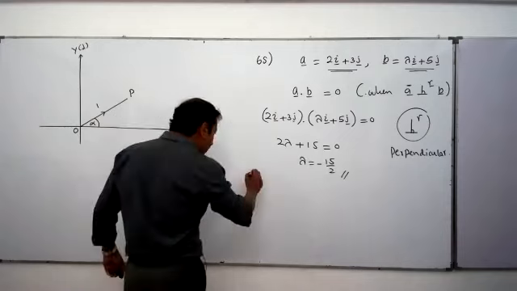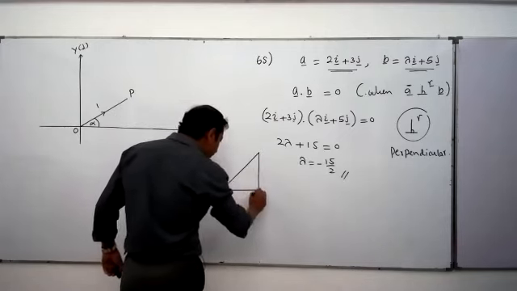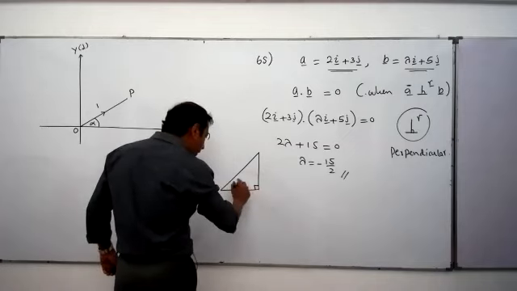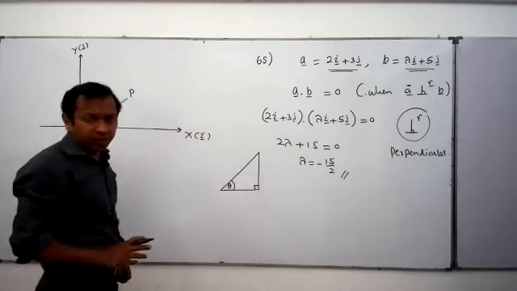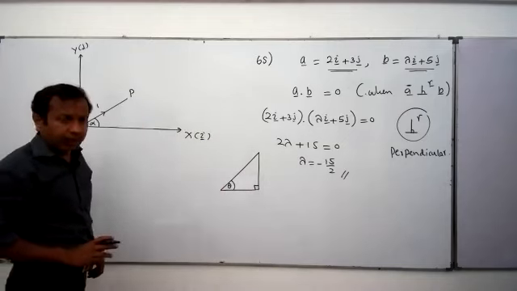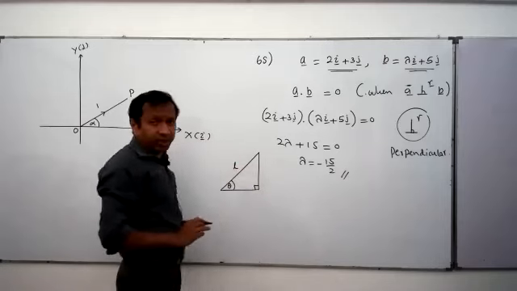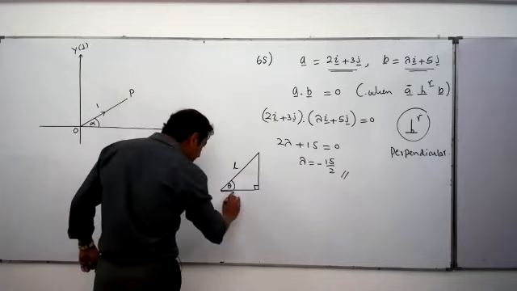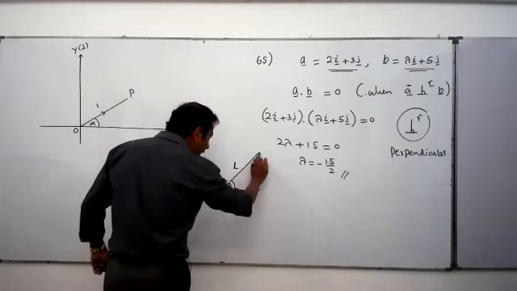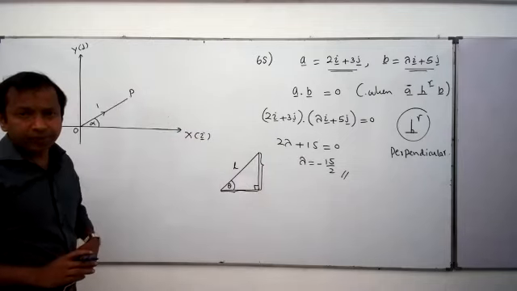Now we discussed this thing in the trigonometry lesson. It is this: when we have a right angle triangle with one angle theta and the hypotenuse, suppose the length is L. Using this L, this adjacent side and this opposite side, we know how to find.